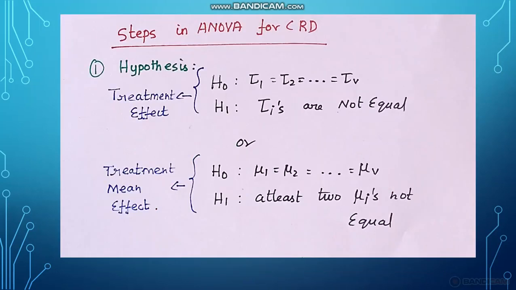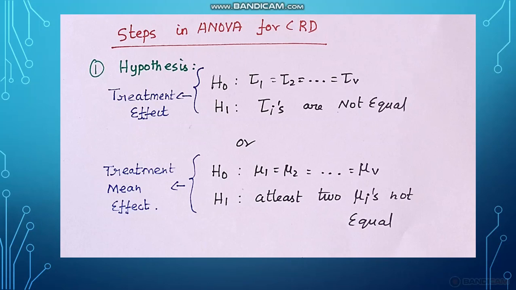Steps in ANOVA of CRD. For analysis in CRD we will use ANOVA. The first step is to frame the hypothesis. We can frame the hypothesis based on the treatment effect or the treatment mean effect. For treatment effect, T1, T2 up to TV, the null hypothesis is that all the treatments are the same, and the alternate is that the treatments are not equal.